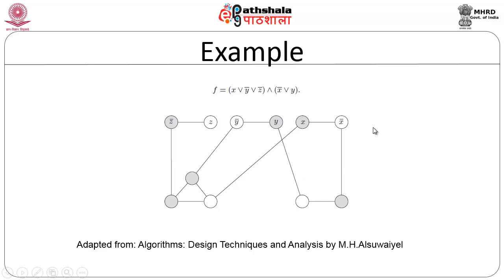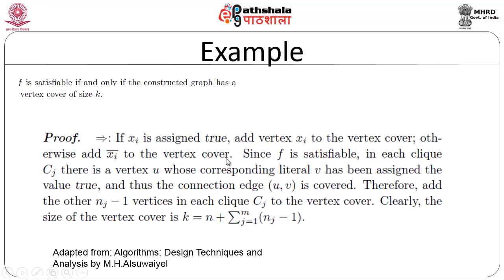Then we connect everything by means of edges, called connecting edges, and this gives a vertex cover of size k. Then you can argue that f is satisfiable if and only if the constructed graph has a vertex cover of size k.